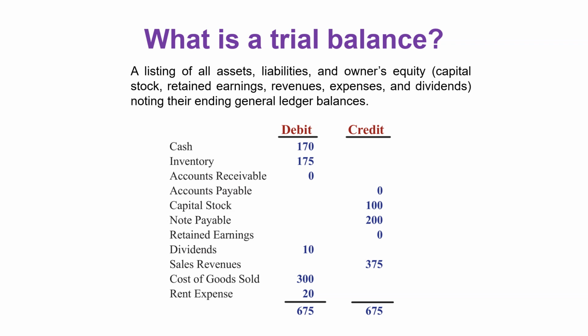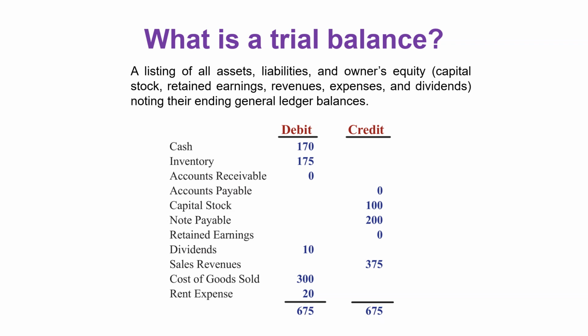You simply list all of those accounts and then reflect the balance, whether it be a debit or a credit balance. If you do this for all accounts and have properly recorded all transactions and posted them, you will have an equal amount of debits equal to credits.